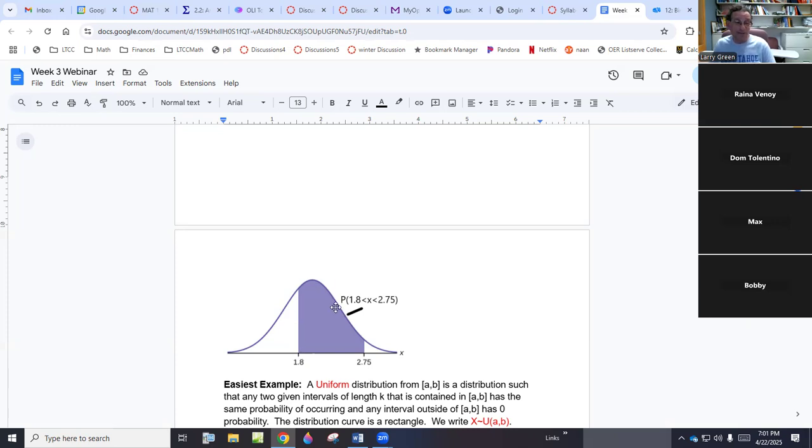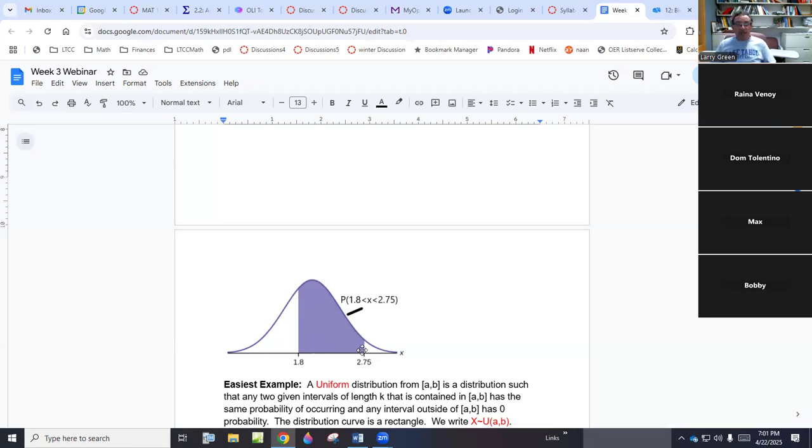And this is what the graph looks like. If you have a continuous distribution and you want to find the probability of x being between two numbers, it's the area under the curve of that distribution function between those two numbers. So it's this shaded-in area.